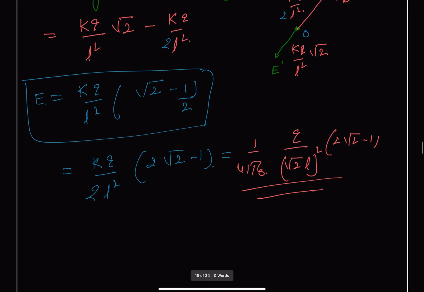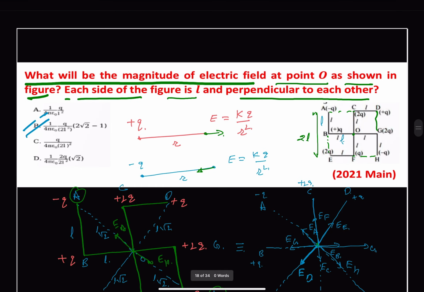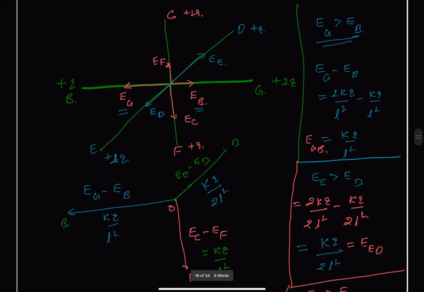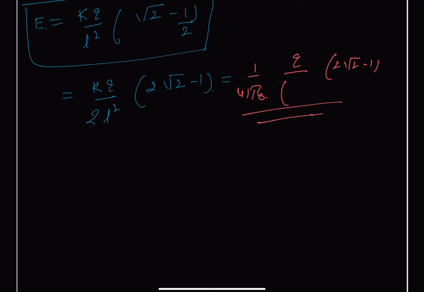What the problem is there? It's not whole square. My mistake. I read it wrong. So this is our simple 2L square. So option B is correct. Next question.